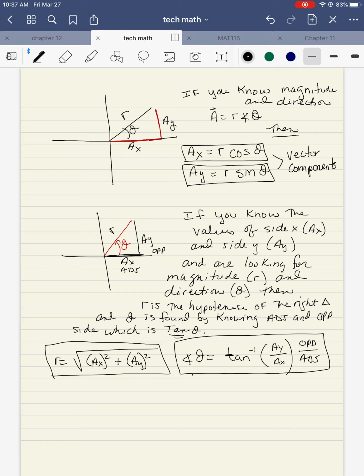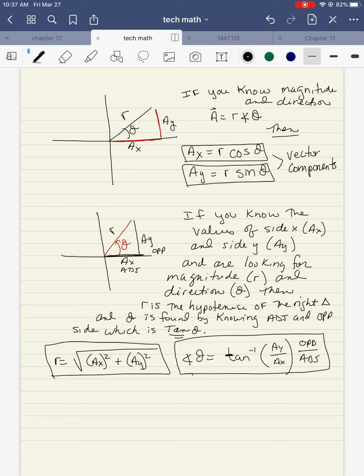So if you know the values of the sides, let's say I knew ax and ay, I can go backwards and calculate the angle and the hypotenuse. You'll notice that the hypotenuse is little r. To calculate the hypotenuse measurement, it's the Pythagorean theorem: the square root of ax squared plus ay squared. Since ax is the adjacent side and ay is the opposite side, adjacent and opposite uses tangent.